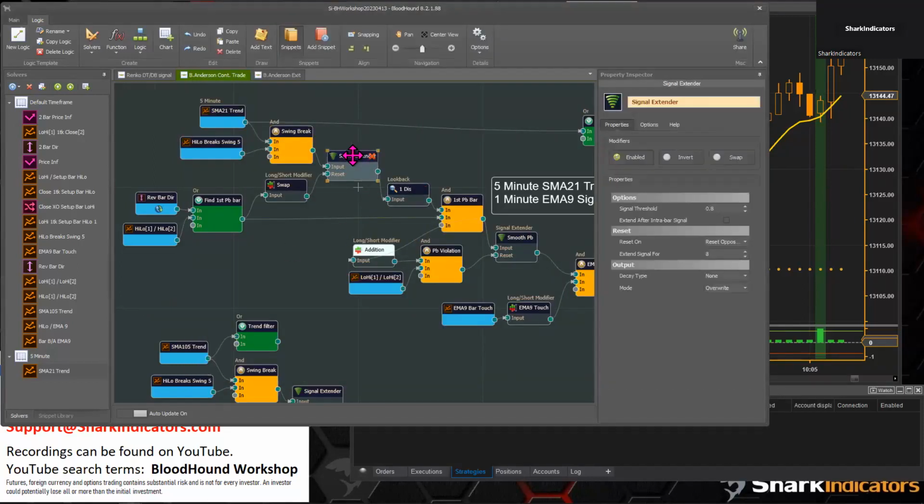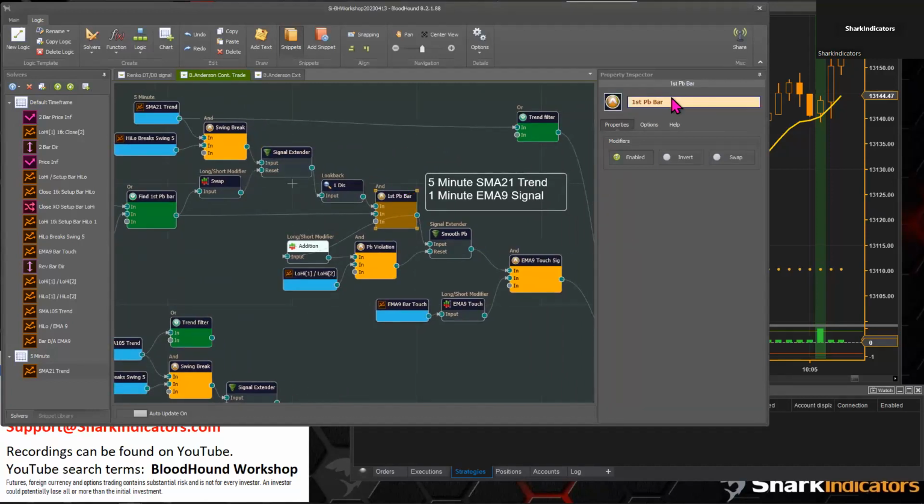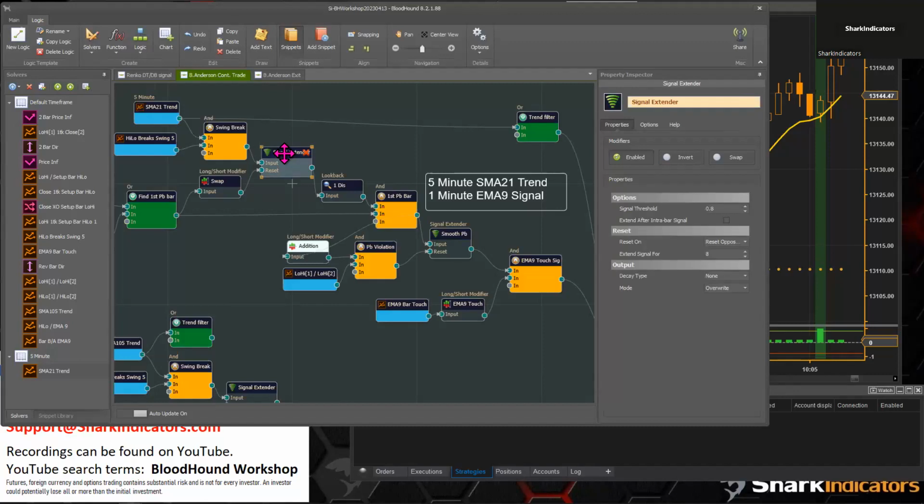And then with the signal extender, you need to eventually identify when the first pullback bar happens. That gets identified with the help, or with the necessity, of the signal extender.